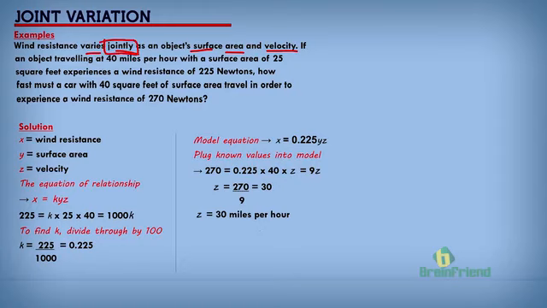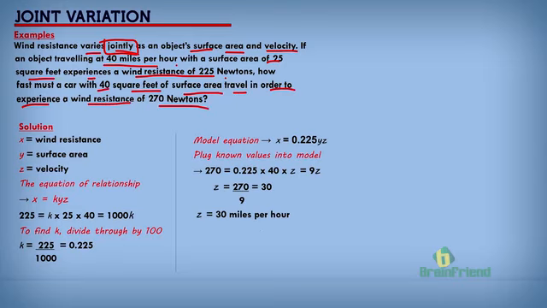If an object traveling at 40 miles per hour, that's our velocity, with a surface area of 25 square feet, experiences a wind resistance of 225 newtons, how fast must a car with 40 square feet of surface area travel in order to experience a wind resistance of 270 newtons?